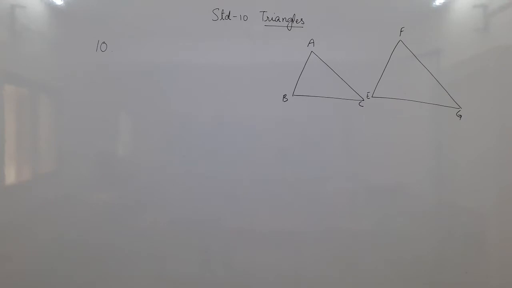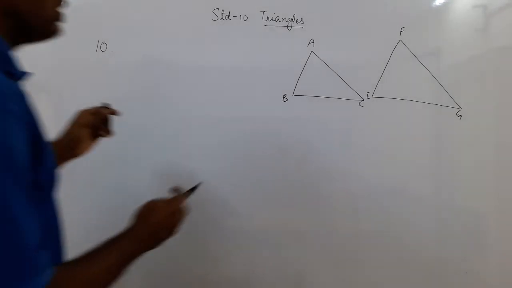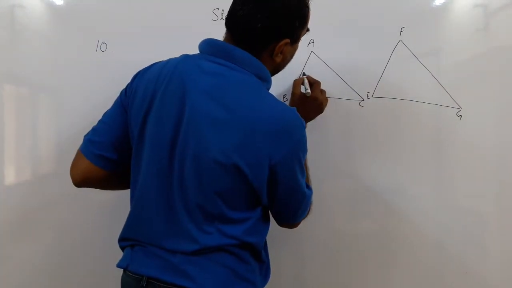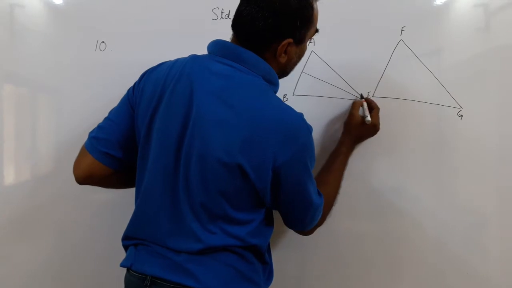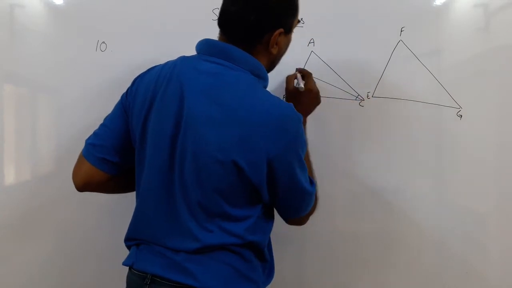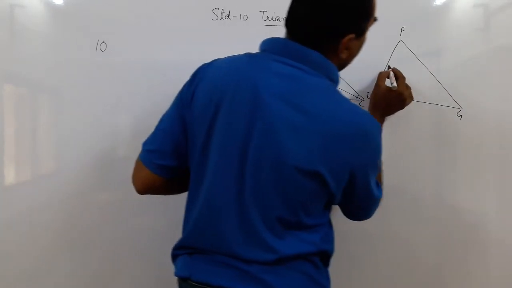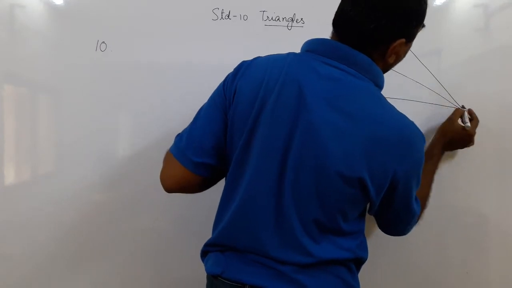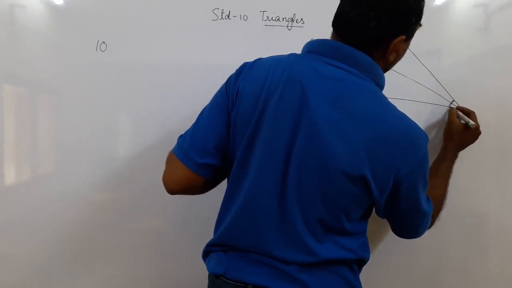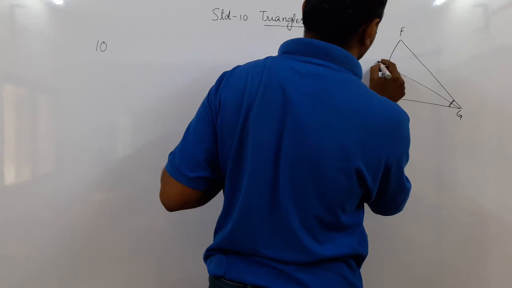So this is the first, similar triangles I have drawn. Now CD and GH are the angular bisectors. So CD divides angle C into two equal parts. Similarly, GH divides angle G into two equal parts.